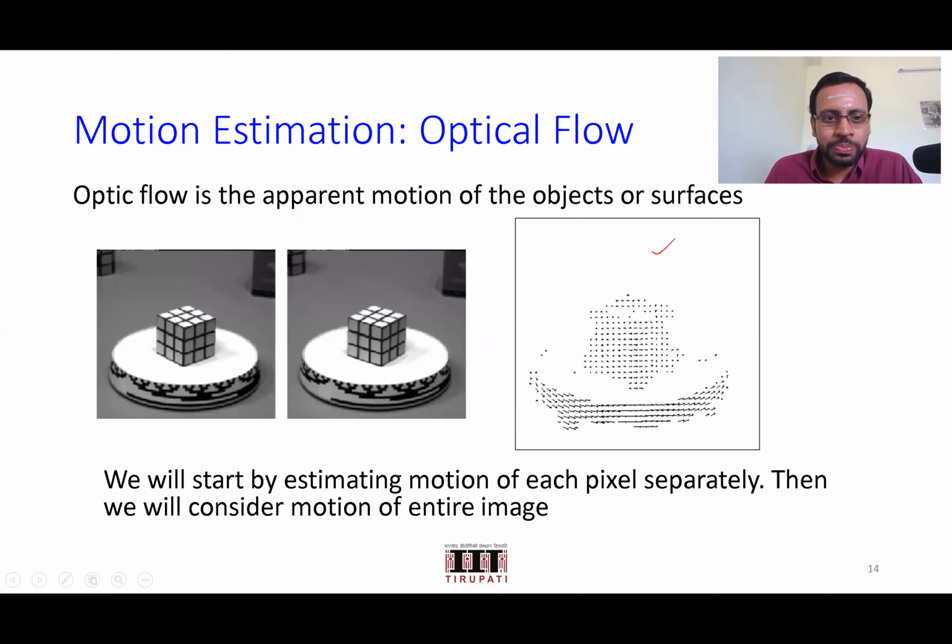Optical flow is the apparent motion of the objects or surfaces. So don't forget that it's not the 2D object that is moving. It's a 3D object that is moving. Since it is a 3D object, based on how far it is from the camera, what you could get is only an apparent motion.